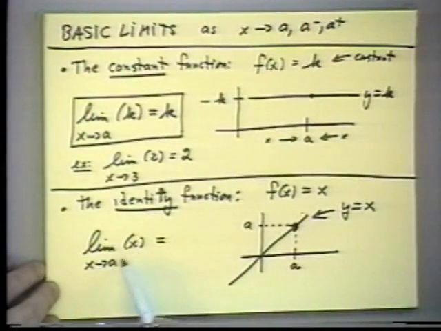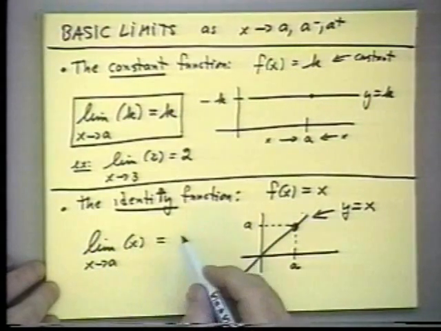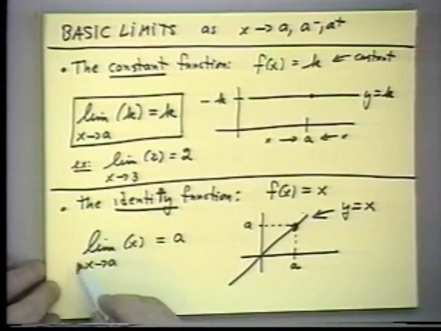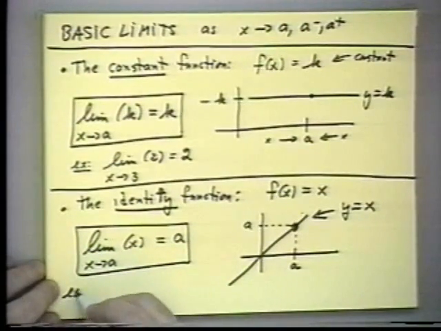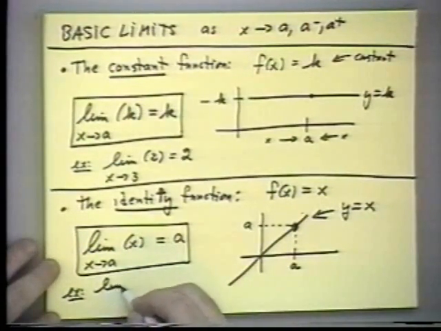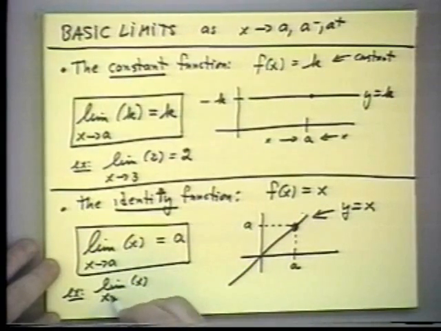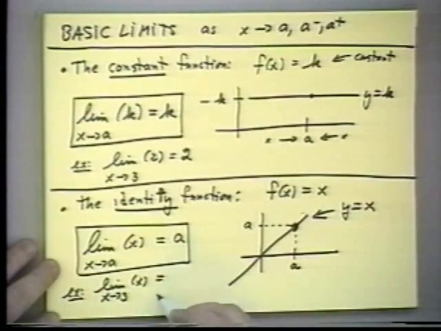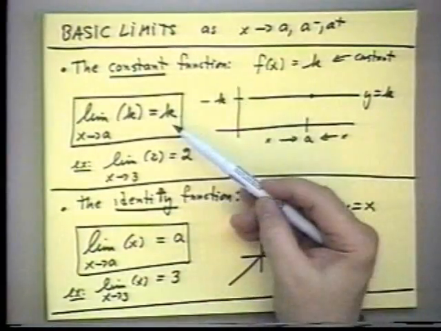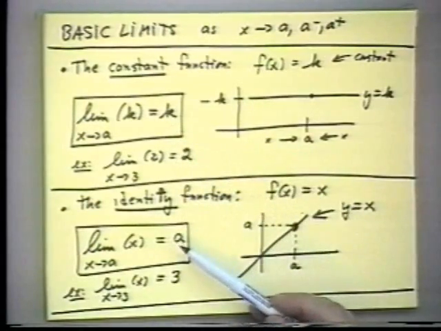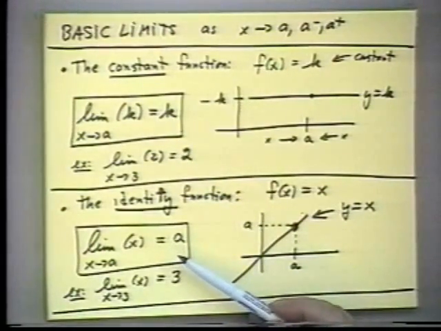What does x approach as x approaches a? Well, of course, it approaches a. We're saying the same thing twice, it seems. So, for example, you might try the limit of x as x approaches 3. Well, that's 3. So, the identity function here and the constant function here are both functions for whom the limit is very easy to take.